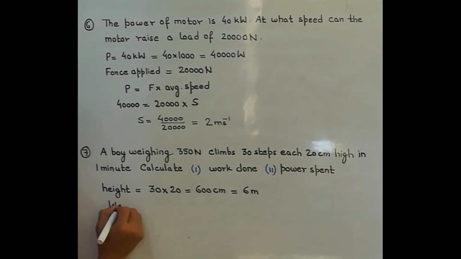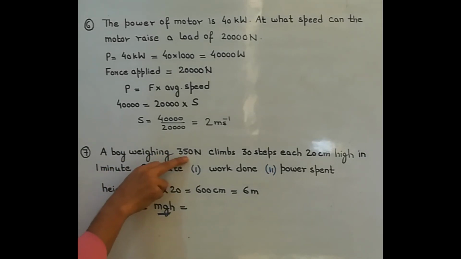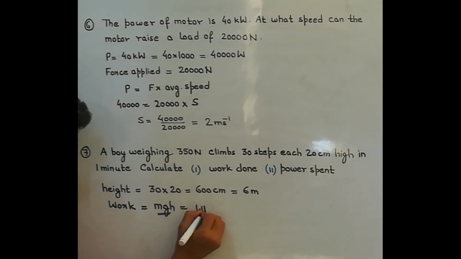Now remember, as the question says that he climbs, that means the body is moving in upward direction. Remember, in any numerical, when the body moves in upward direction, work is being done against gravity. So work will be against gravity, so it will be mgh, where mg is the force which the boy applies. And how much force will the boy apply? Whatever will be the weight of the boy, that much force he is applying. So remember, when the body moves in upward direction, then whatever is the load or the weight of the body which is being raised, that is the force applied.